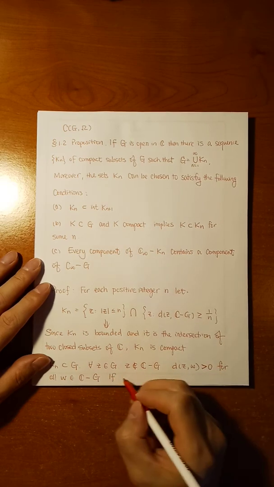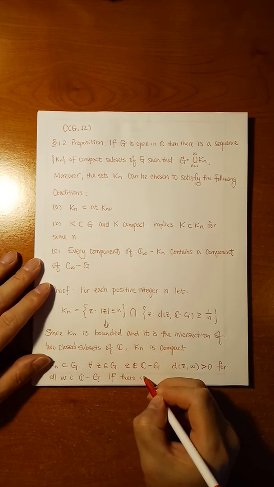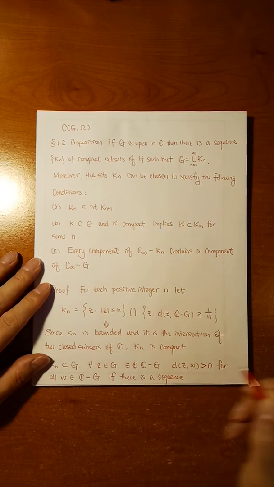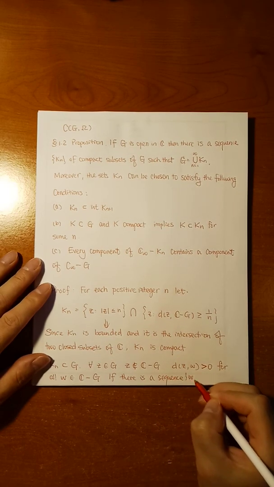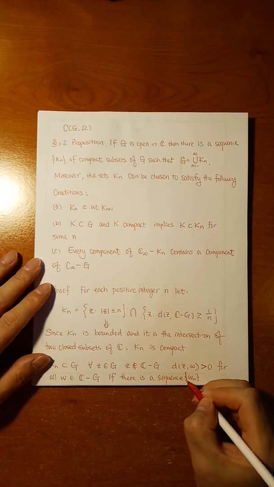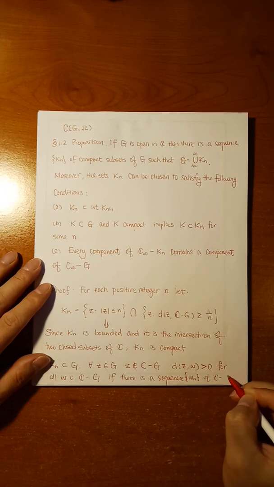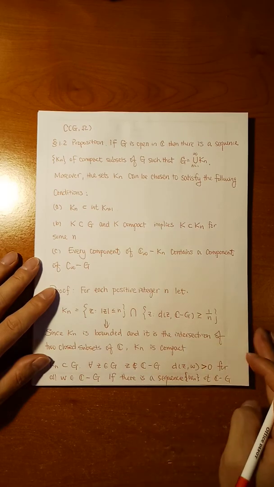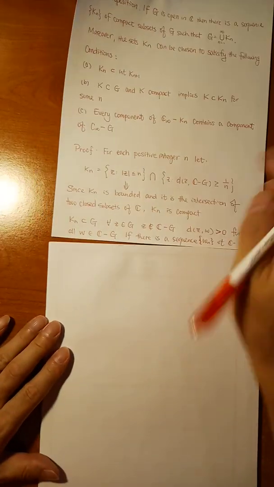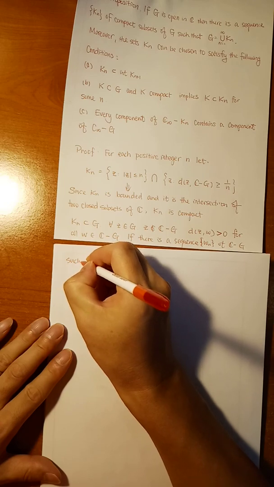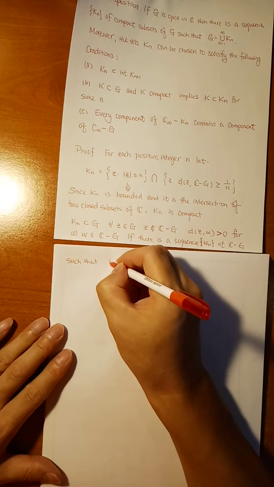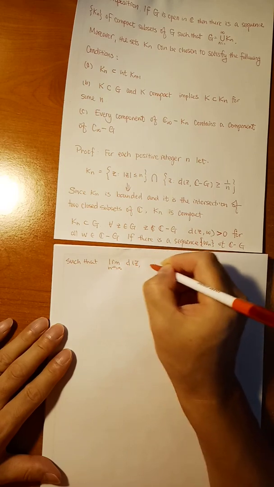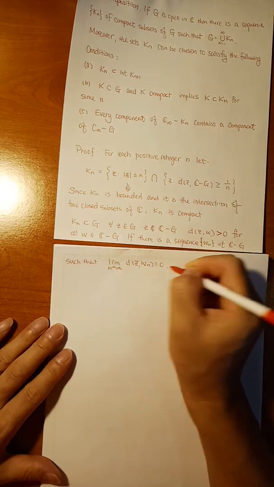Suppose there is a sequence wn in C minus G such that the limit as n approaches infinity of the distance between z and wn is 0.